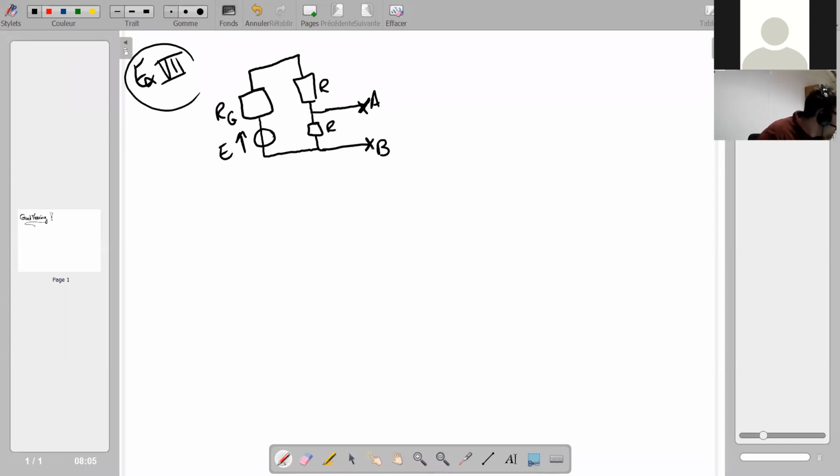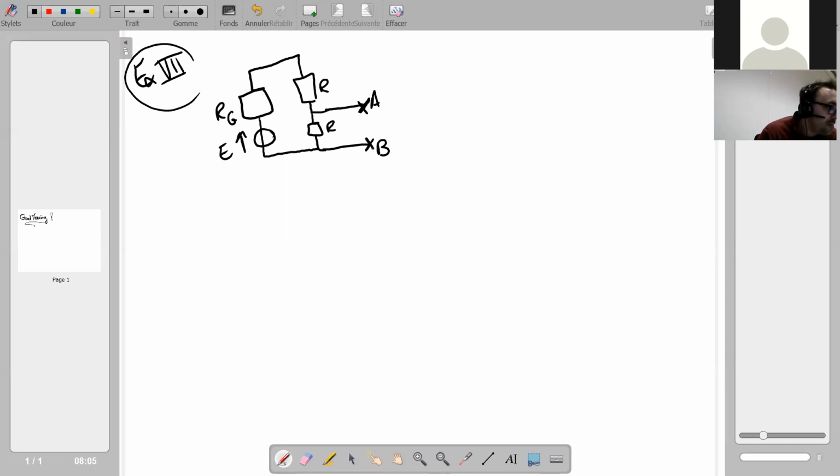So you just have to apply Thevenin theorem or Norton theorem to get the result. We ask you to do this for each circuit for both theorems, but you know that there is a simple way of going from one model to another.